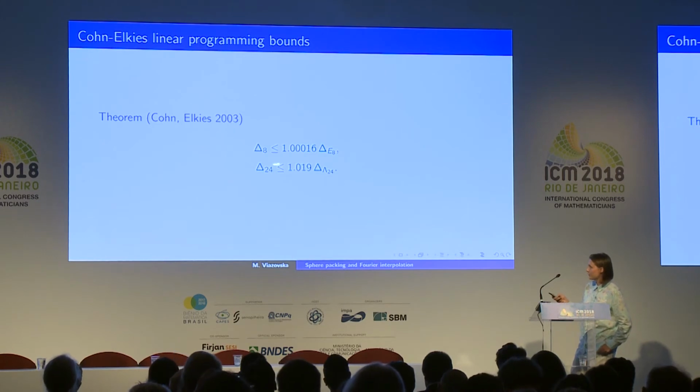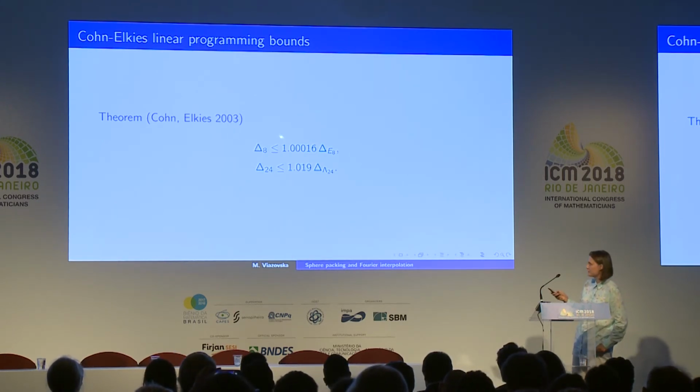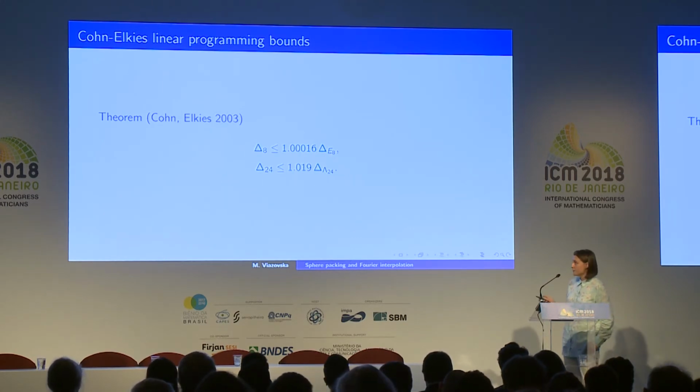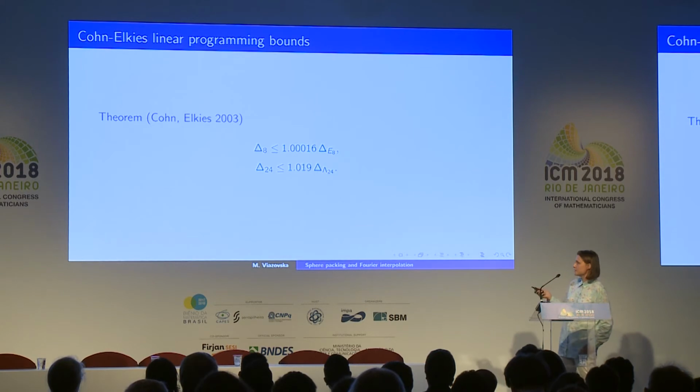What they proved is that even if there exists some packing in dimension 8 which is better than the E8 lattice, it can only be better by this number which is very, very close to 1. A similar result they obtained in dimension 24. These are the numbers which they computed in 2003, but since then they have been improved a lot by Henry Cohn and his collaborators.